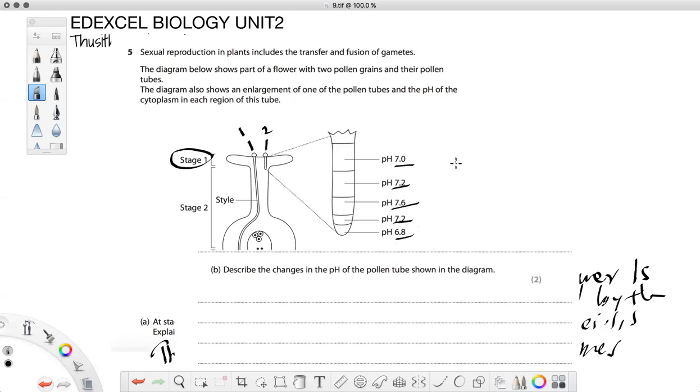So it's an increase and then a decrease. Here just 0.2, here 0.4 increase, here 0.2 increase and here 0.4 decrease.